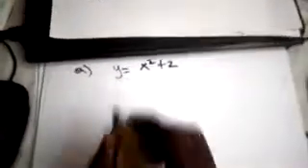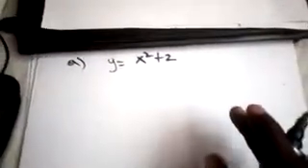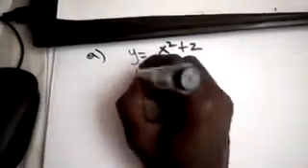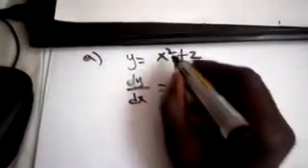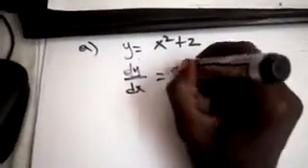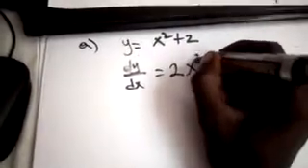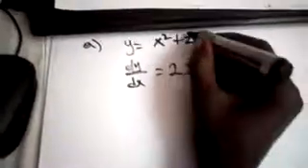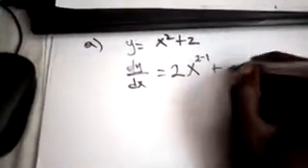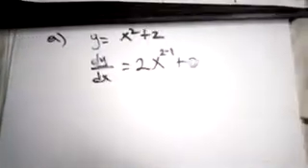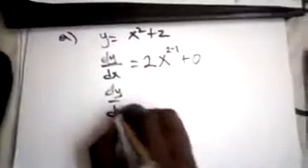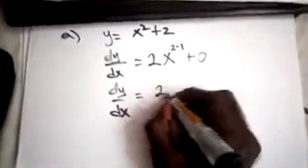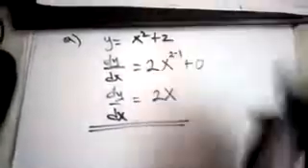So the derivative of this function is going to become dy/dx is equal to, remember, we multiply by the power, that is 2. We write the function and reduce the power by 1. So this is a constant. If I'm to get the derivative of a constant, we have said the derivative of any constant is 0. So meaning that dy/dx is going to become 2x. Hope that is clear.